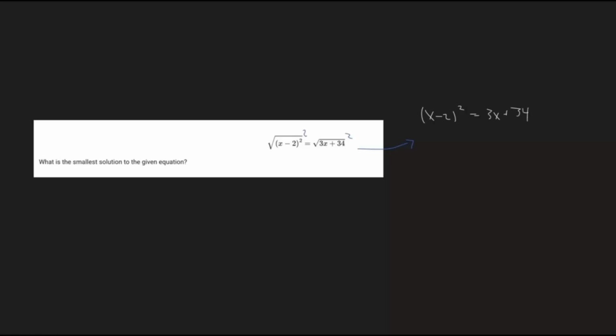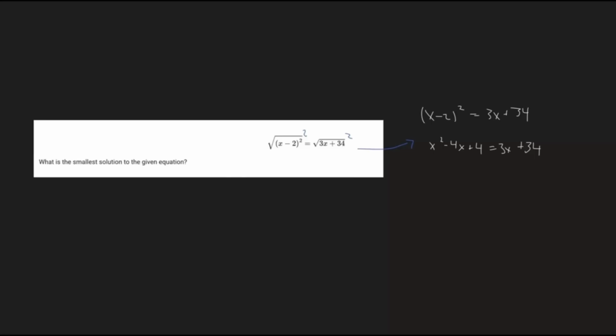And so now we know that x minus 2 squared can be rewritten as x squared minus 4x plus 4. And we can set this equivalent to 3x plus 34. And so now we just want to get everything on one side, right? Because then it's going to become a quadratic equation in which then we can just factor and solve for the zeros.